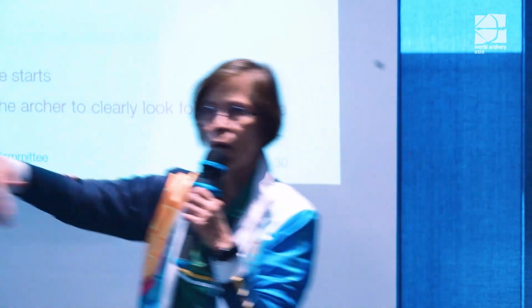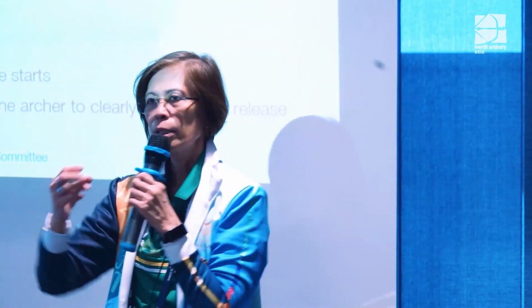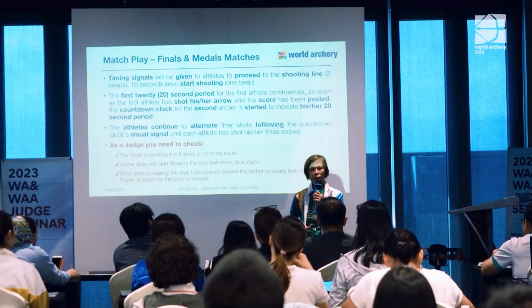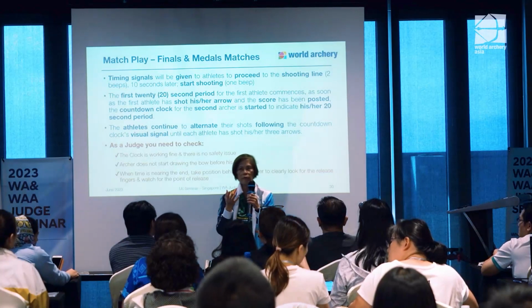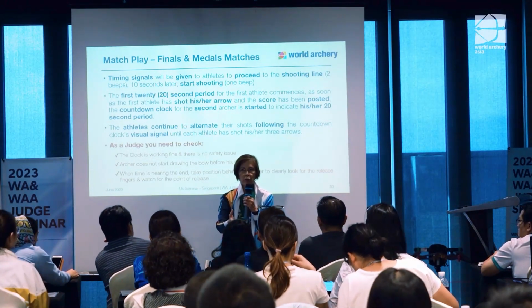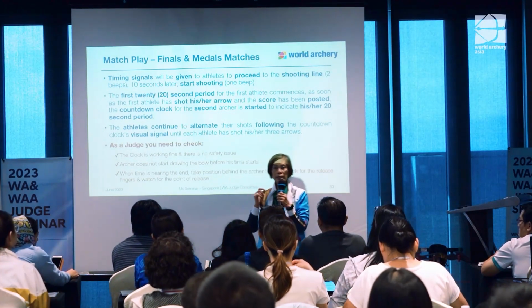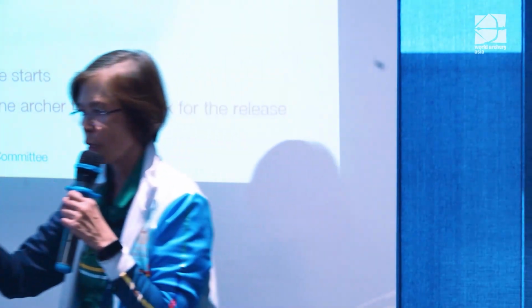If your time is like 12 seconds or 10 seconds, it depends where you are, how many targets you are handling, then you need to stand up and walk near, but not right in front of the archer because you're going to distract him. But at a place where you will see the release, the point of release of the archer. And it's the same for the finals.